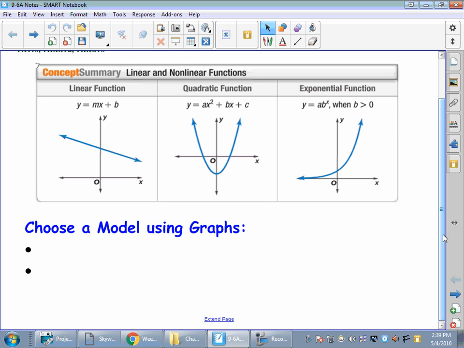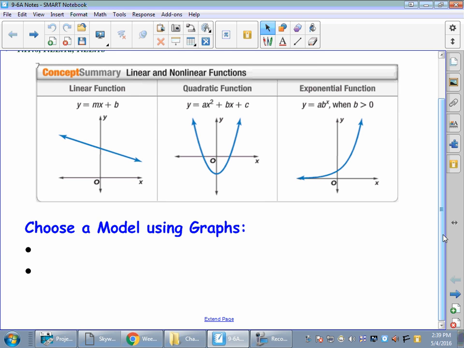You'd collect data, and then you look at the data, and from the data you decide, does this data model more of a linear pattern, a quadratic pattern, or an exponential pattern? And so based on those points, you can create a graph, you can create an equation, and then you can use it later on to make observations and predict in the future or go back in time and look at information.